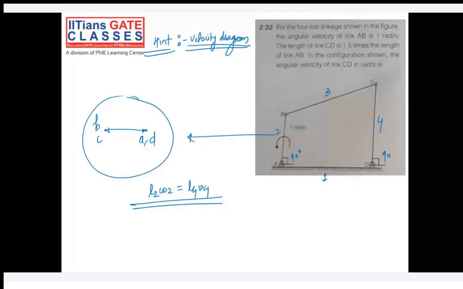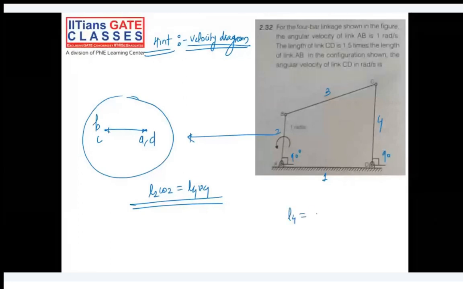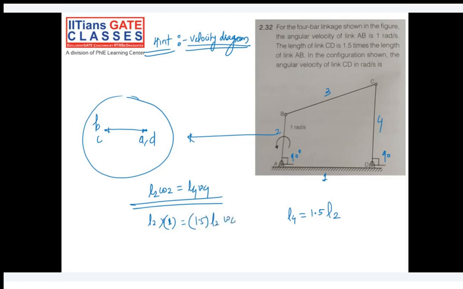They have given a relationship between links AB and CD. What is that? The length of CD, that is L4, is equal to 1.5 times link AB, which is L2. So omega 2 is 1, L4 is 1.5 times L2, and omega 4 we have to calculate. So L2 will get cancelled.